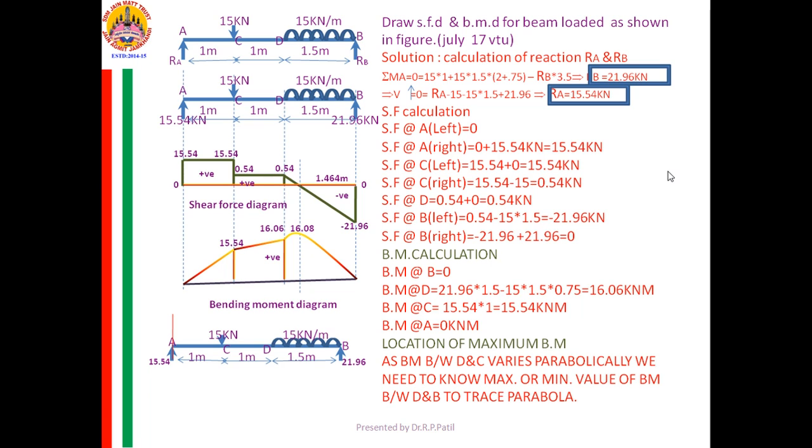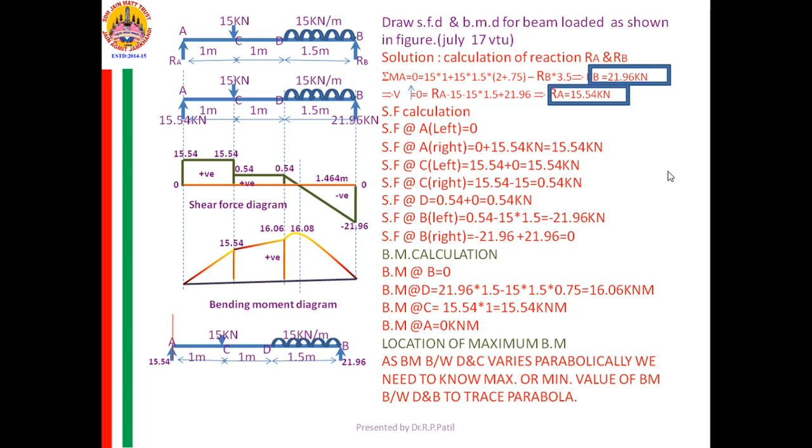Like that, if you go for the bending moment between D and C, at D it is known to me, at C it is known to me. I need to know the variation of bending moment between D and C. What should I do? Go for the shear force diagram or go for the loading.